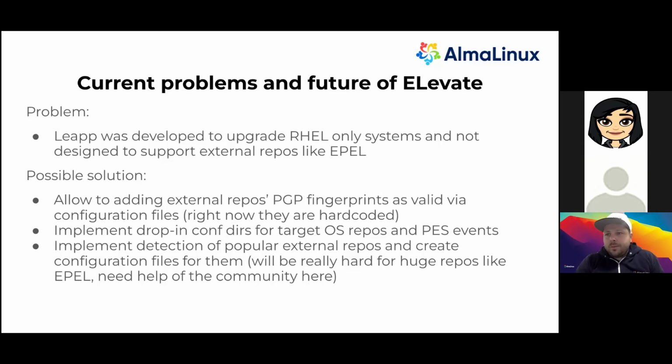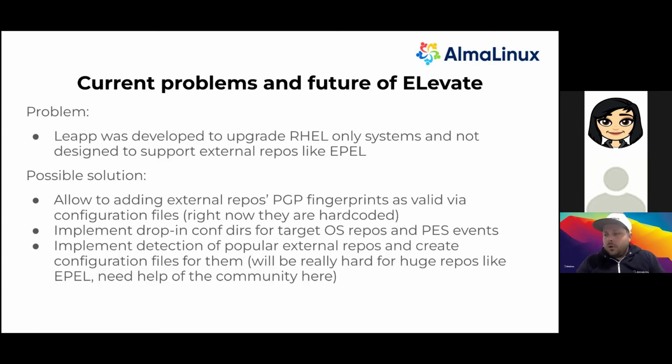We want to implement something like drop-in config directories for the target OS repos and PES events. We're also thinking about implementing detection of popular external repos like EPEL, because we know that a lot of people use EPEL. We know that a lot of people use Oracle's EPEL as well. And we know that there are just so many third-party repositories out there. We'd like to be able to support them all eventually.